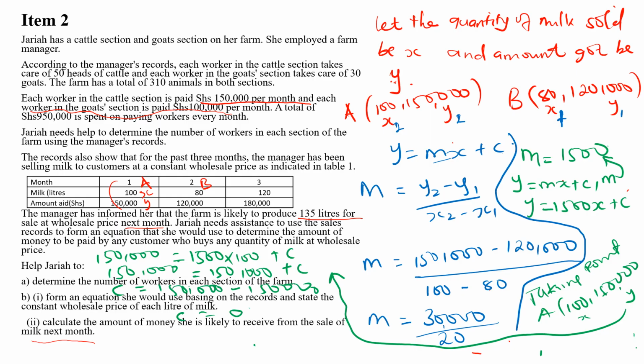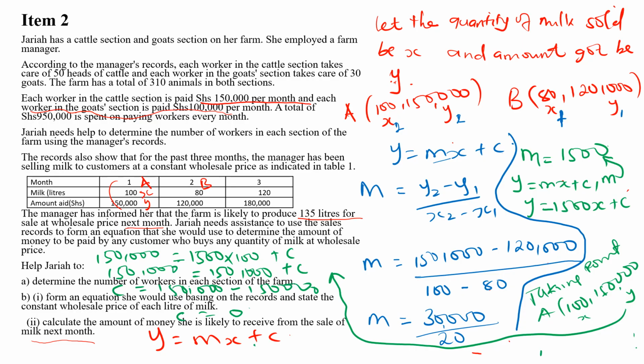So that's why here you would now say y is equal to mx plus c. Do I have the gradient? Yes, the gradient is 1,500. Do I have the y-intercept? Yes, and the y-intercept is 0. So you now write your equation very well.